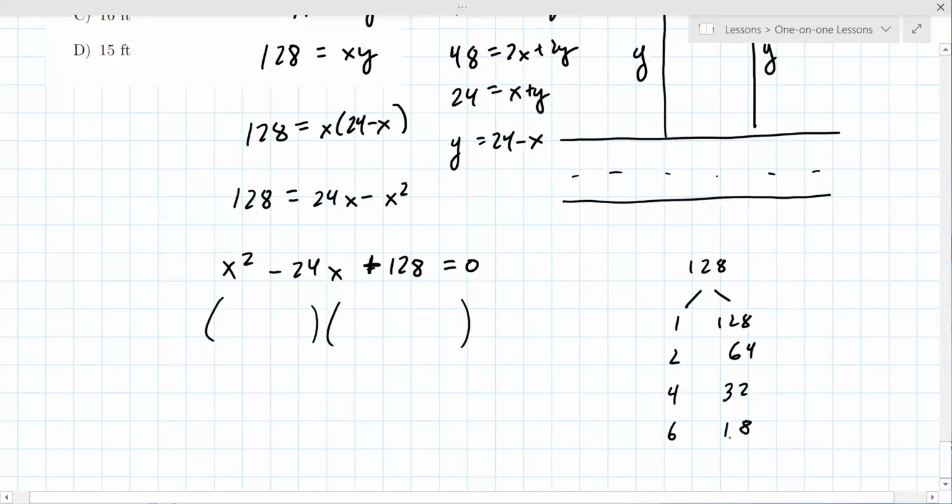No, that's not right. 6 doesn't work, but I think 8 does. 8 and 16. Yes, 8 and 16 work. Okay. So then 8 is the x. Yep.